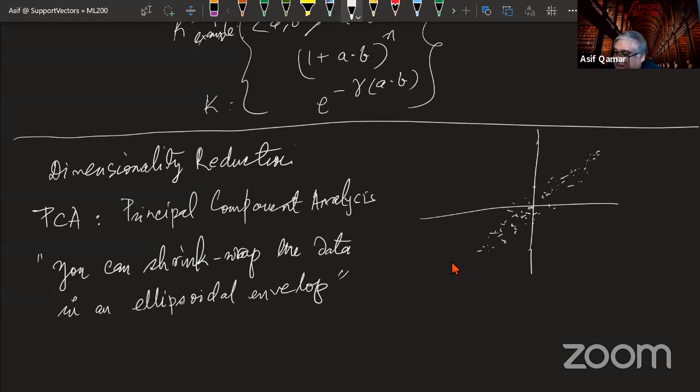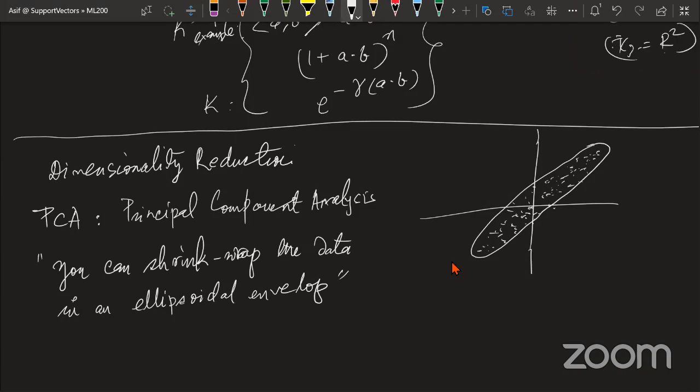Here the ellipsoid is not necessarily 3 dimensions or 4 dimensions. It's very simply, this is the ellipse, a simple 2-dimensional ellipse. An ellipse has the major and minor axes, the principal axes. This is one axis, this is another axis.